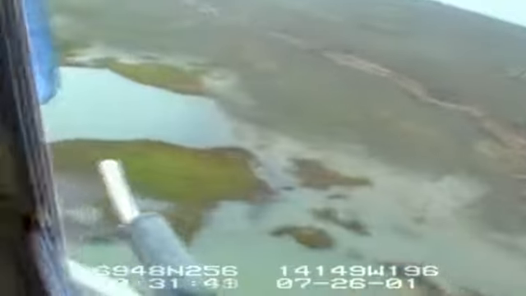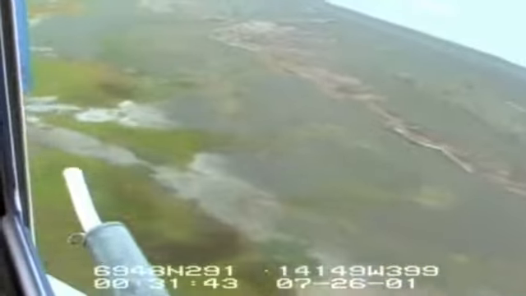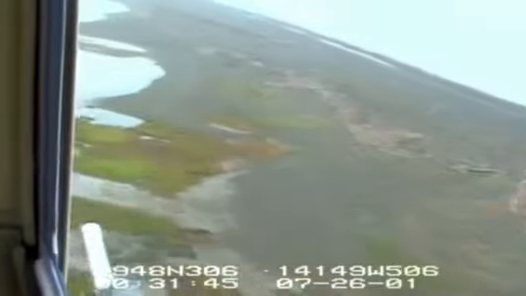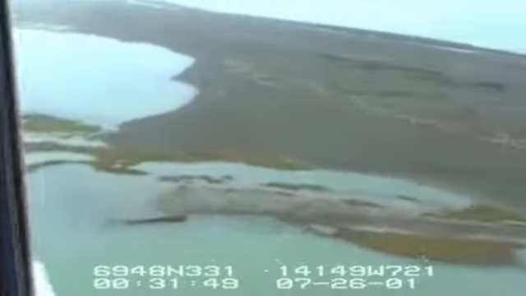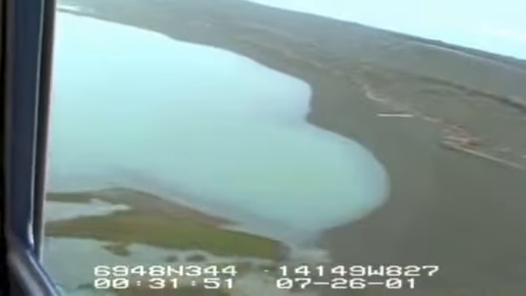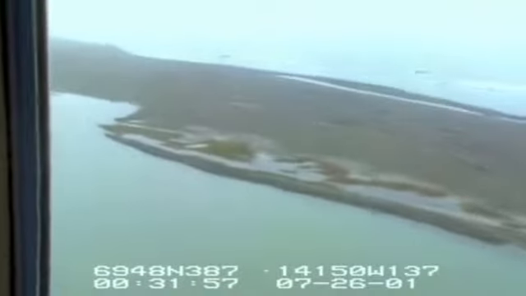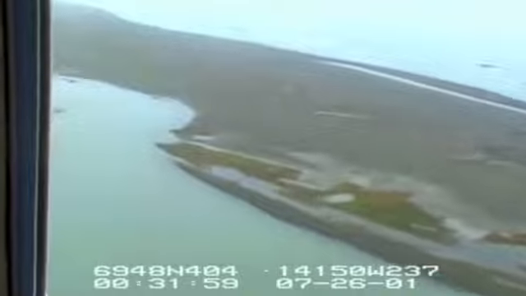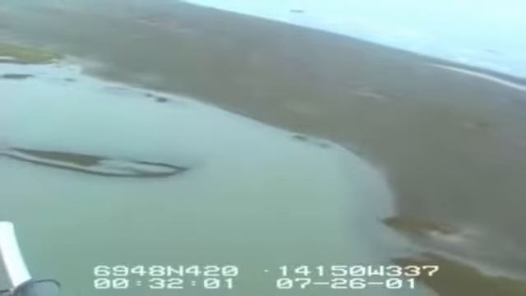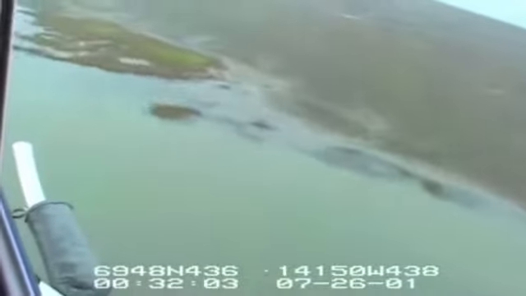Inundated lowland tundra. Inundated lowland tundra coming through below.